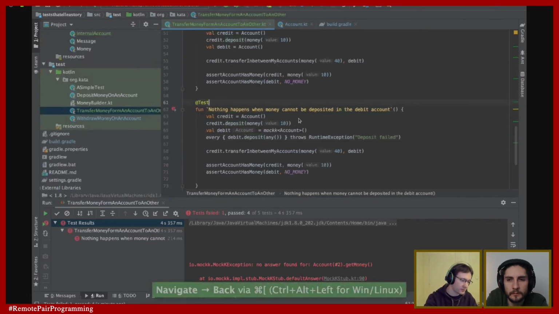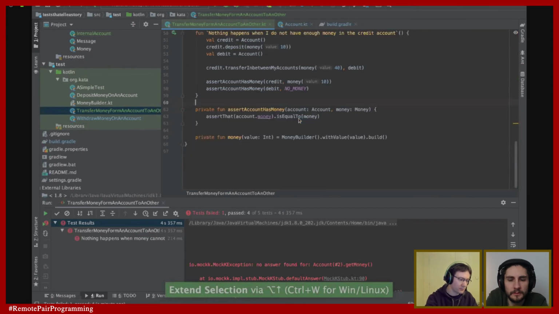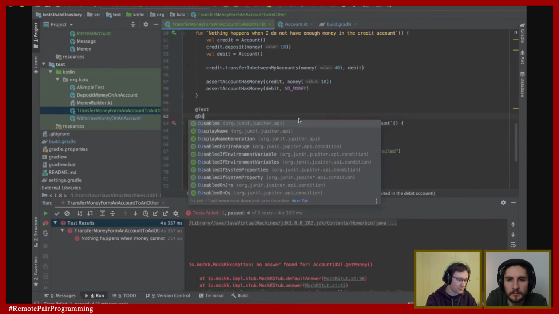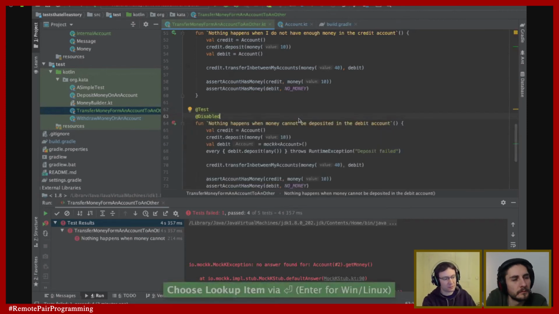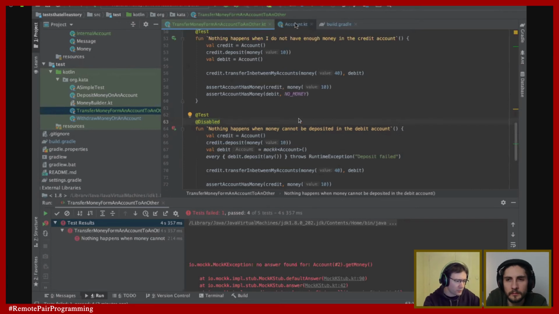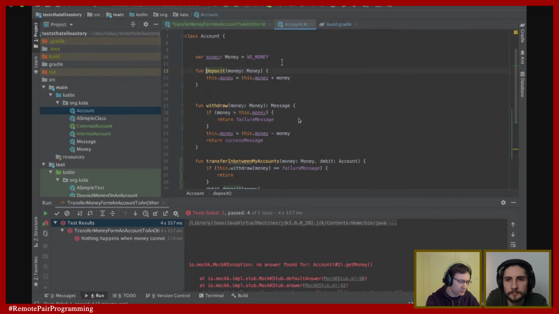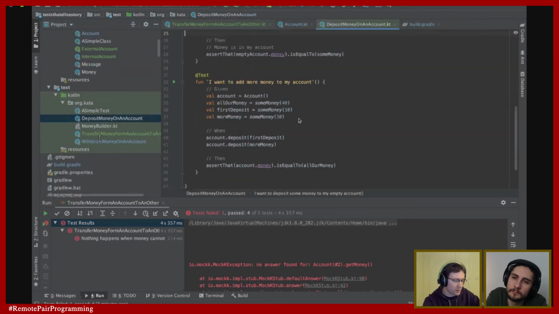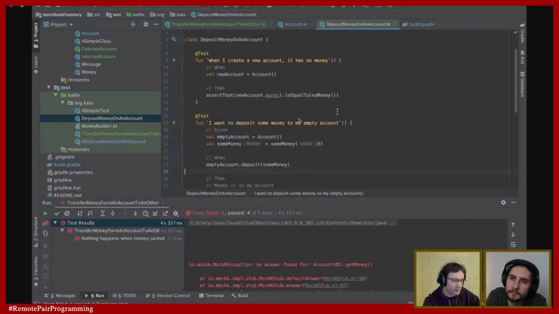So let's remove this test. Just ignore it. I tend to ignore them. Actually, in my usual workflow, I would have made a commit before and revamped this, because I don't care about rewriting things twice. But I'm happy with this too. So maybe we go back to the test of deposit money on an account, and we write a new test here.